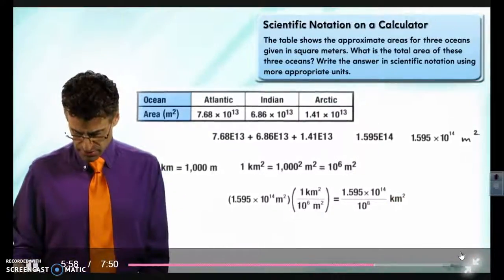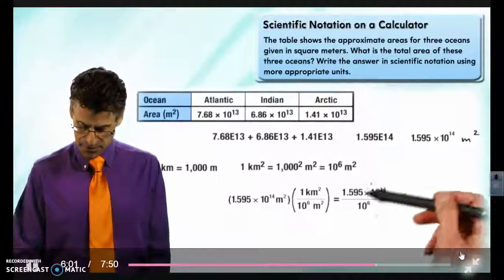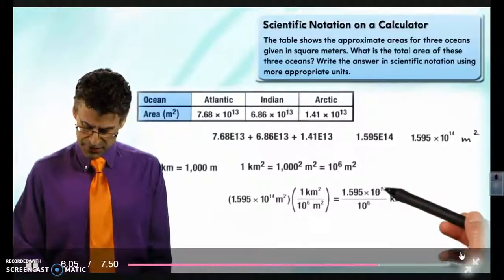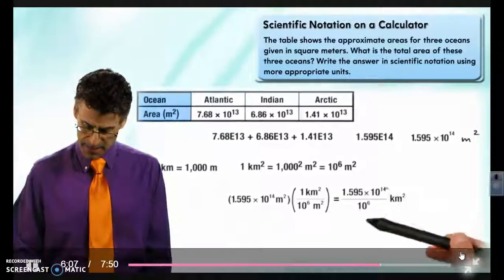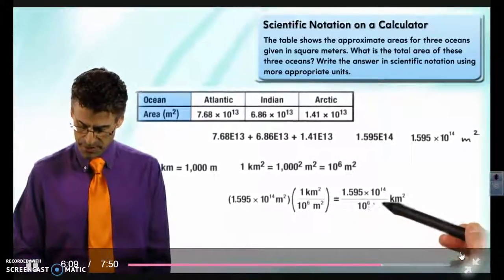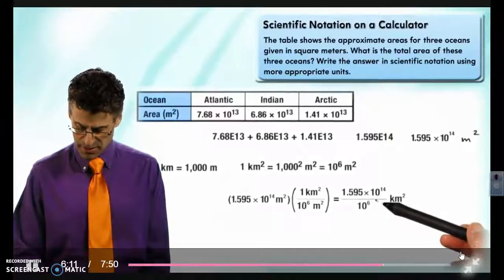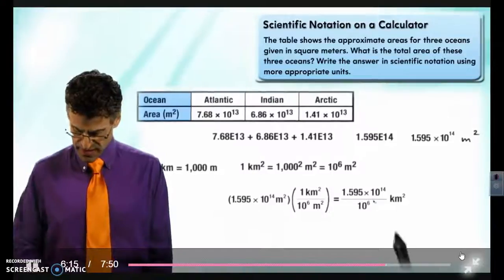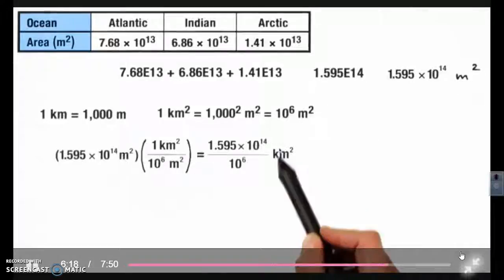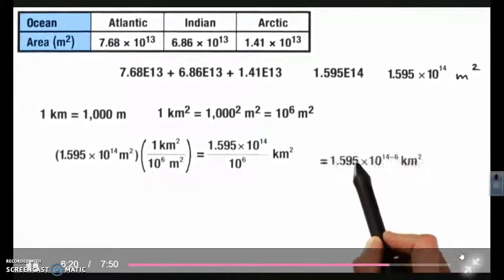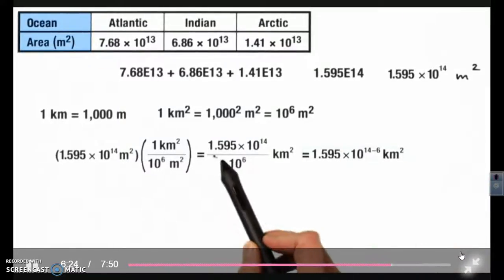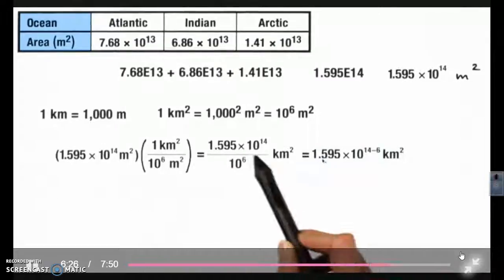But here we can actually make use of exponent rules. Because if I have a factor of 10 to a power on the top and 10 to a power on the bottom, then all I do is look at the exponents and subtract 14 minus 6. So this, in fact, equals 1.595 times 10.